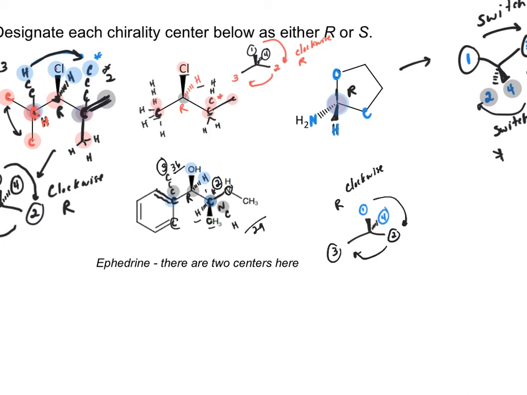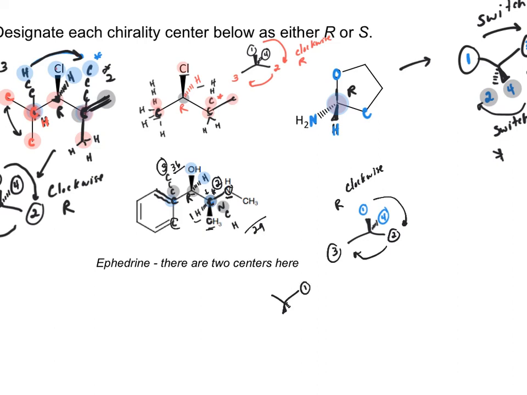So now we'll focus on this little chiral center. Again, I'm going to redraw this, and we're going to go ahead and assign configuration. For this guy, we're looking at a nitrogen versus a hydrogen versus a carbon versus a carbon. Nitrogen's going to win. It's going to get number 1.